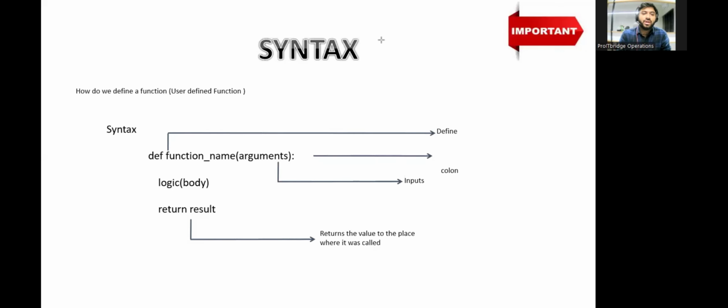So yes, we were talking about the calling of the function. Let's continue. We have just seen what the return statement is. Now let's take one example and try to understand this.